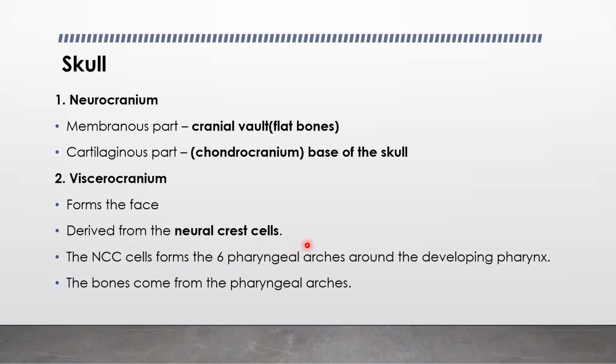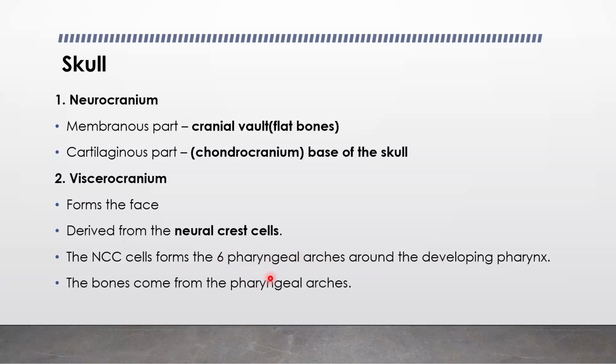That's the reason why they're called pharyngeal, because they're just next to the pharynx. And now these pharyngeal arches will form muscles, will form bones, will form even the derivatives of head and neck structures. So talk about the mouth, talk about the nose. All of them will be coming from the pharyngeal arches.